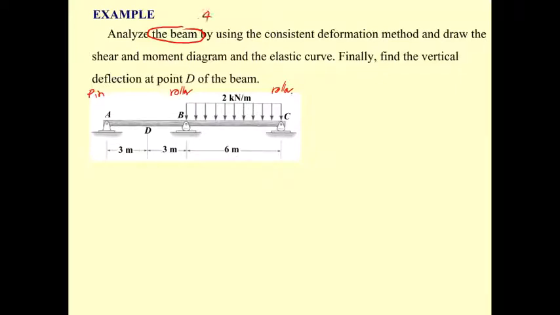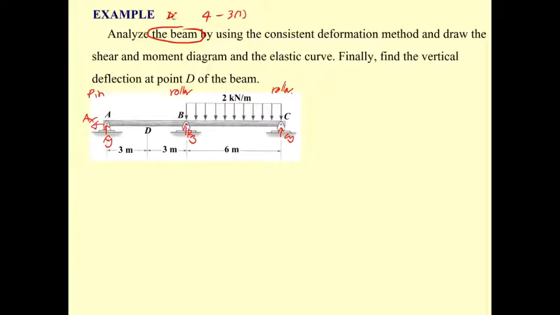It has four unknowns: A sub X, A sub Y, B sub Y, and C sub Y. And it has three equations of equilibrium with one free body diagram.